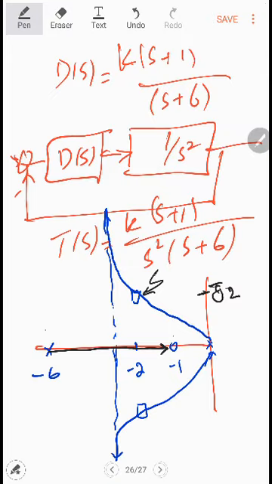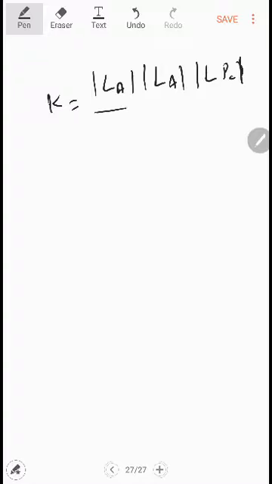If you use the magnitude criteria, k will be equal to the length from one pole times the length from the other pole, let's say we have 2 poles at 0, and then the length from the pole PC, divided by the length from the 0.